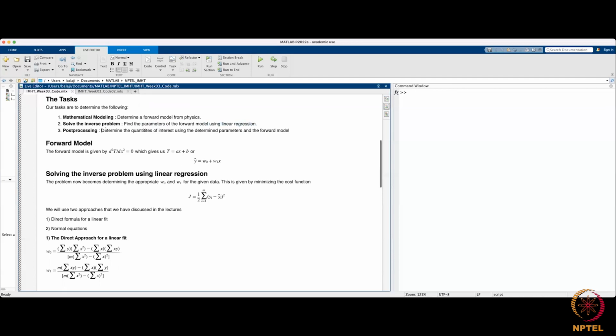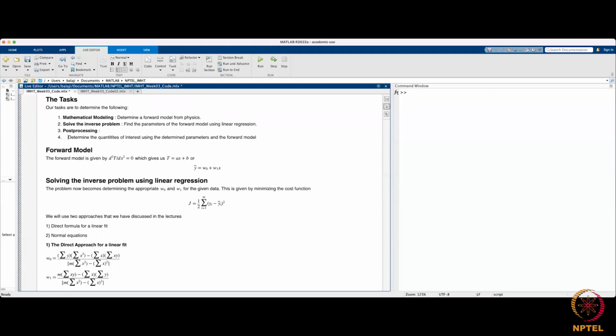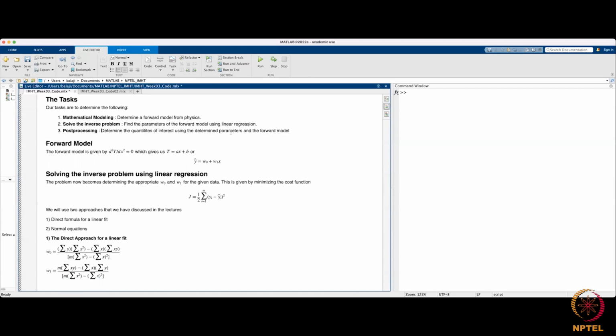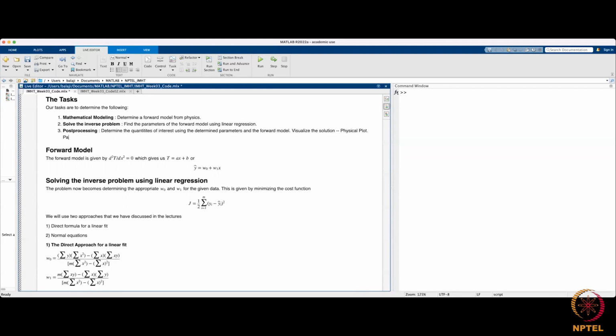Maybe you determine the quantities of interest using the determined parameters and the forward model. Additionally, you could also visualize the solution. You can have the physical plot, or you can have the parity plot, etc. We'll do those 2 here.